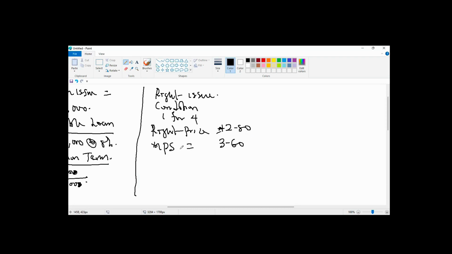Don't forget, when it is a rights issue, I will calculate the bonus issue factor, which equals the market price per share over the theoretical ex-rights price.